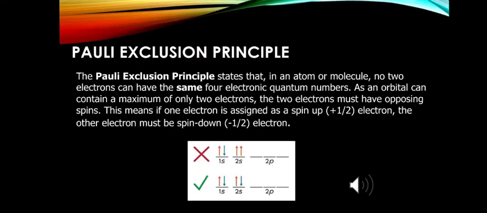In the 1s orbital one arrow is up and the other arrow is down. In the same way in 2s, one with spin up and one with spin down. So we must always keep in mind while filling electrons that if we are filling two electrons in the same orbital, then one should be with spin up and the other with spin down.